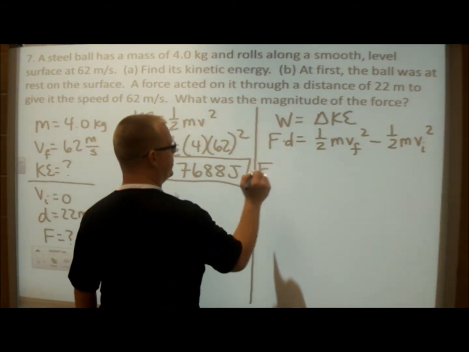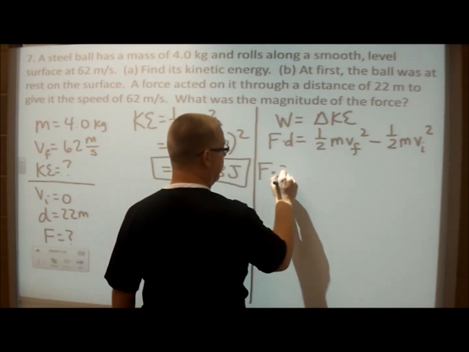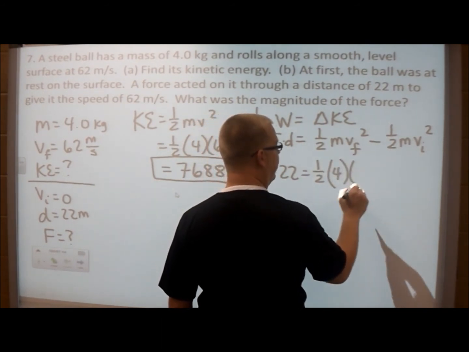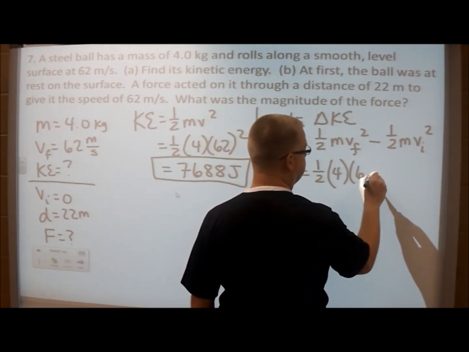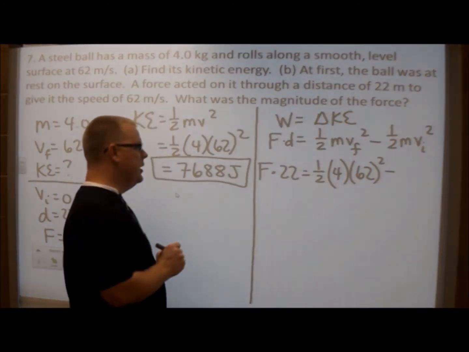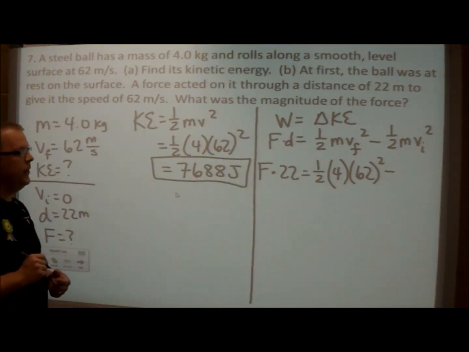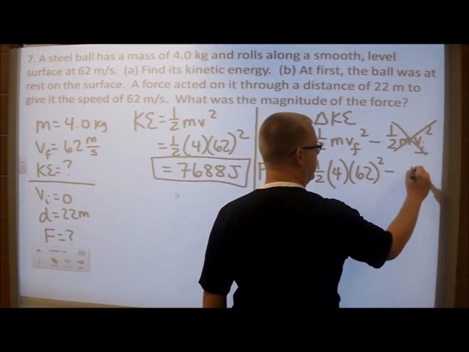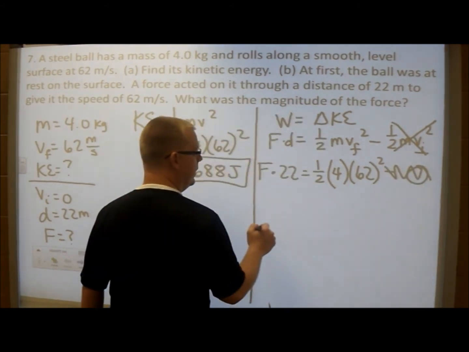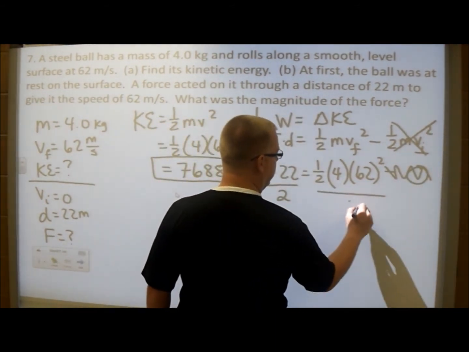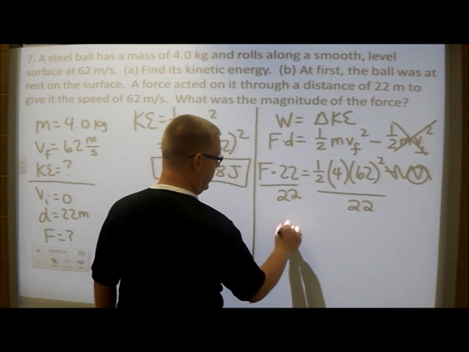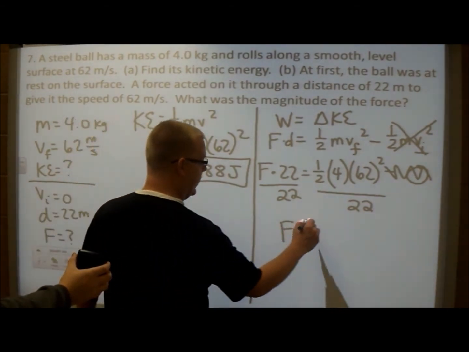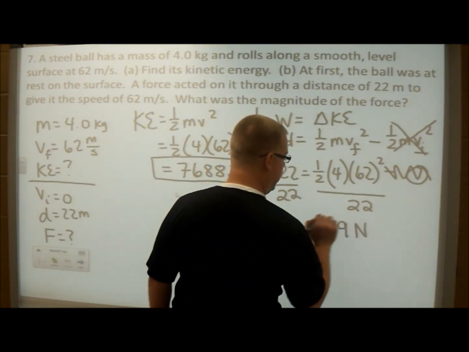My distance was 22 meters. My mass is 4 kilograms. The final velocity was 62. It says the initial velocity was 0. If the initial velocity was 0, everything times that is going to be 0, so we can just ignore that part. And once we calculate all this and divide by 22, we're going to get a force of 349 newtons.